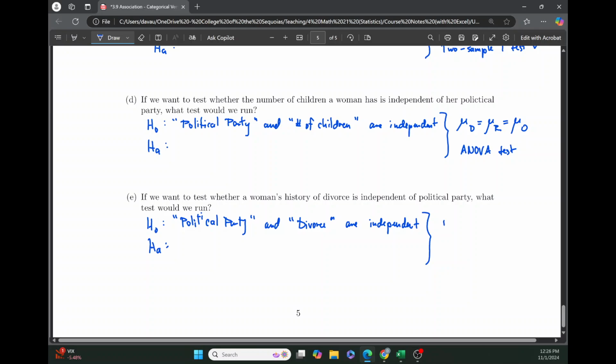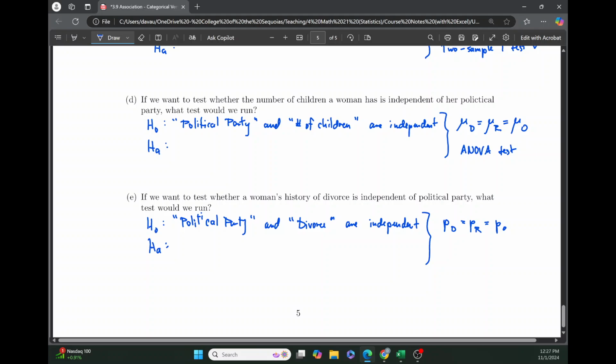We would want to know if the proportion of Democrats who are divorced is equal to the proportion of Republicans who are divorced is equal to the proportion of independents who are divorced. Or we just called it other. So is equal to the proportion of others who are divorced, right?